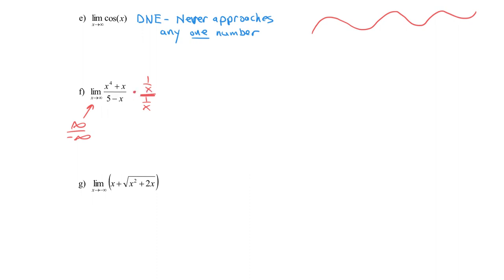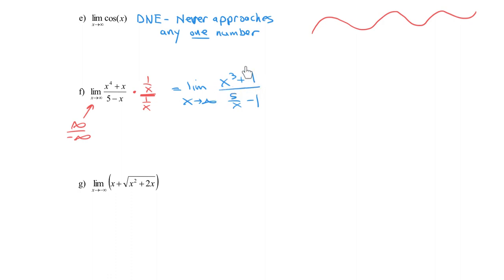Once this distributes through here, we end up with the limit as x approaches infinity. The numerator is going to be x cubed plus 1. The denominator is going to be 5 over x minus 1, right? That's just from distributing these through and then cleaning them up. So up here, we can see the numerator is basically just going to grow without bound, as large as you want.